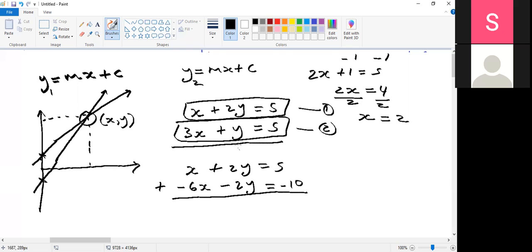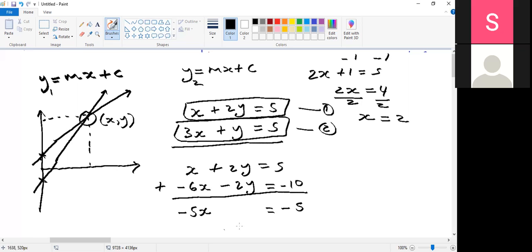So remember, the only reason for me doing this is because I want the first equation and the second equation to have terms that look alike, so that when I add them, they get eliminated. So we have, of course, opposite signs, right? You can either add or subtract the equations. I prefer to add them all the time, right? So you have a plus 2y here, you have negative 2y here. So when I add them now, I get negative 5x here. And this is gone, right? You can literally put 0 here. And then this now becomes negative 5.